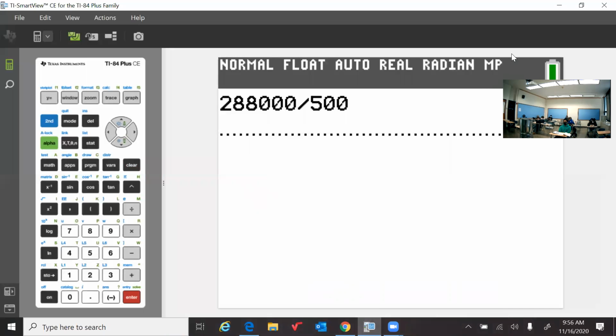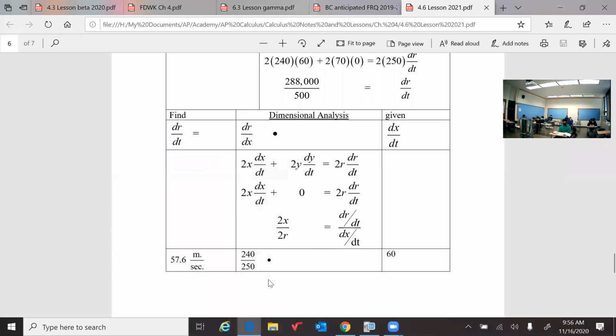I'm off by a decimal. That's the 57 6/10. Okay, I think this should be 28,800. Let me fix that.